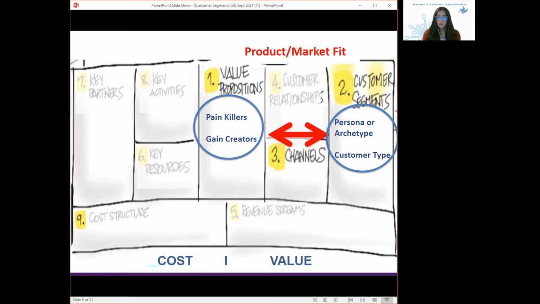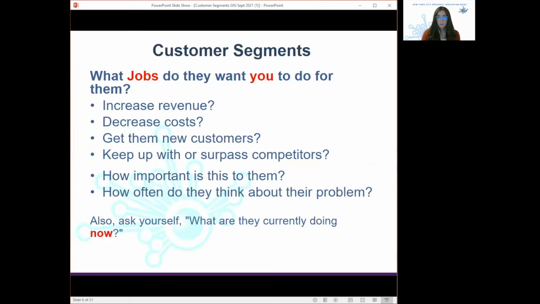So different customer segments are going to have different value propositions that apply to them and that they care about. And like I said, we're searching for the jobs that customers want done. So consider which jobs your customers care about.